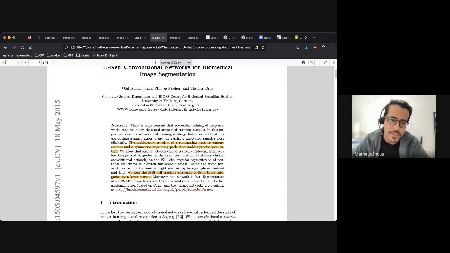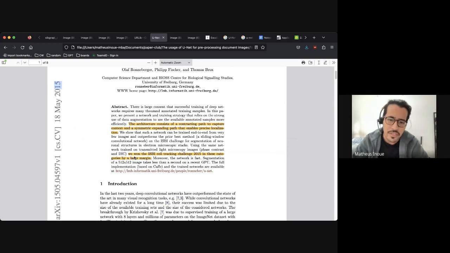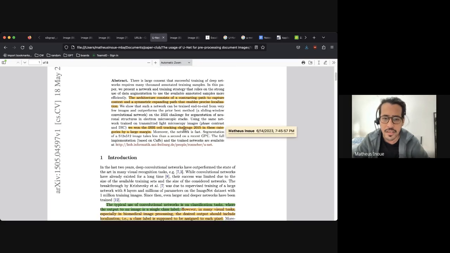This paper is from 2015, so it's kind of an older paper, but at the time they published it, they won the ISBI cell tracking challenge, and also achieved state of the art in other challenges for biomedical image segmentation, right?